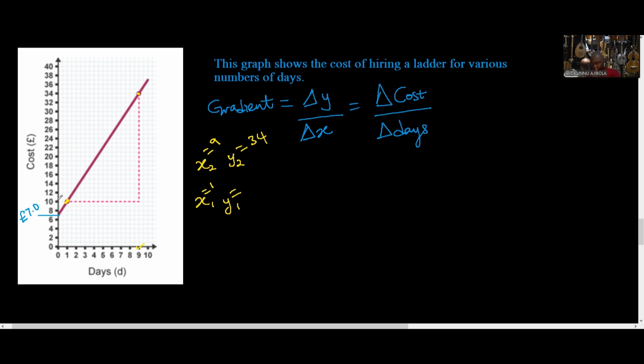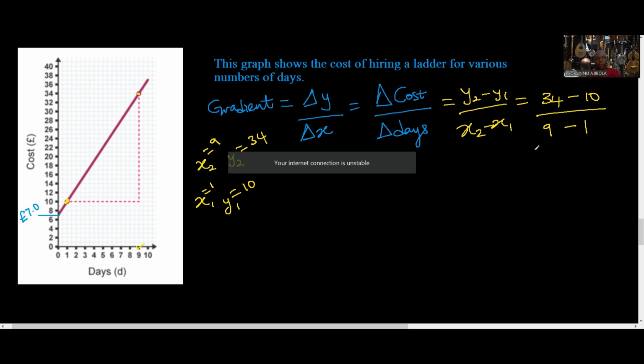Is that clear? So if you now want to find this gradient, we can say y2 minus y1 over x2 minus x1. What's our y2? That's 34. And y1 is 10. What's our x2? That is 9. Then x1 is 1.